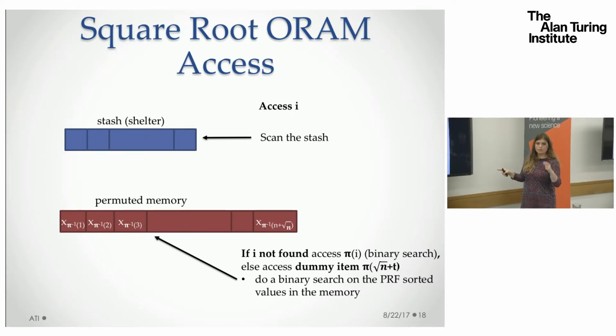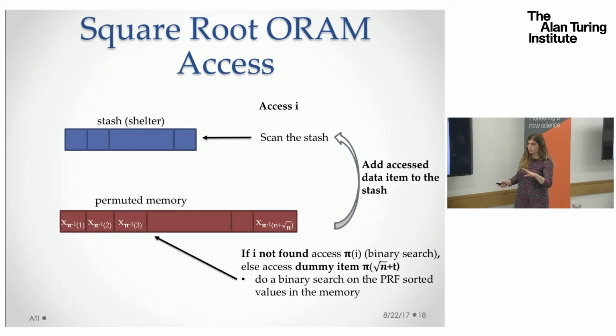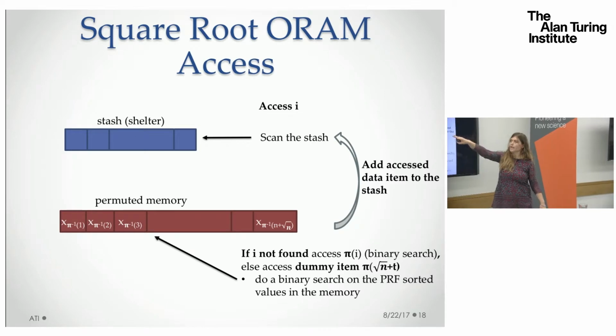So we keep a counter of how many items we have already visited, and we just look up the ith dummy item. And then after this, what we do is we add the item that we have retrieved from main memory to the stash.